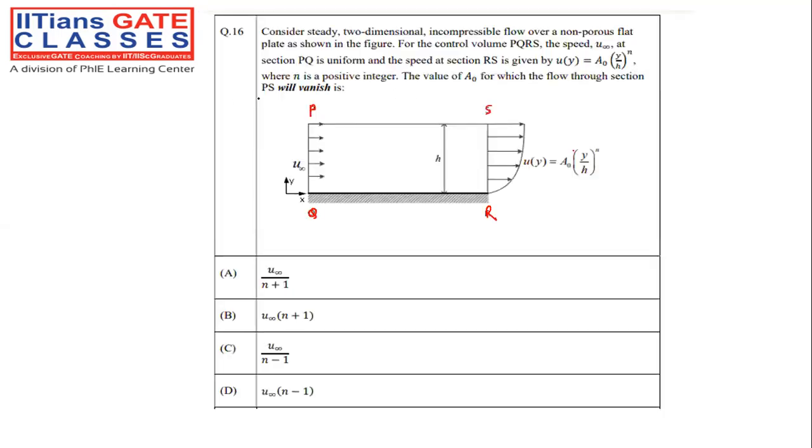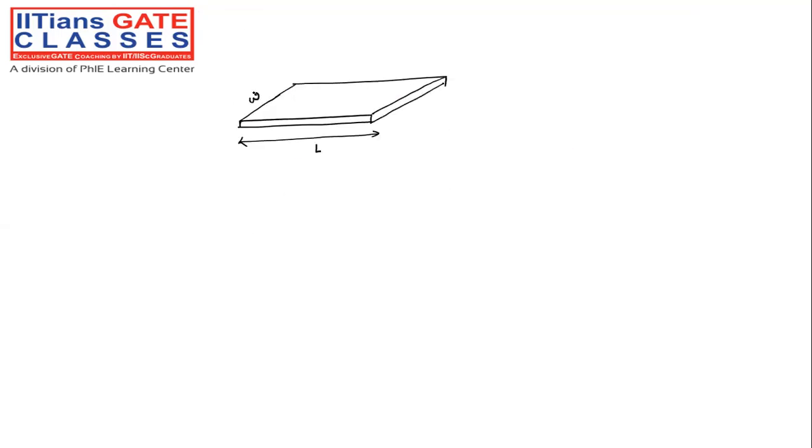basics. This is nothing but a flat plate, first of all. In this flat plate, let's suppose that the length is L. The width they have not given in the problem, so you can take W or unit, whatever it may be, it will automatically cancel out, so you should not worry that much.